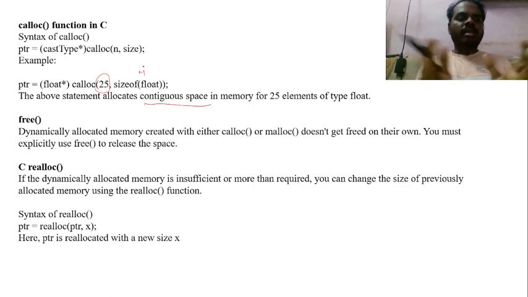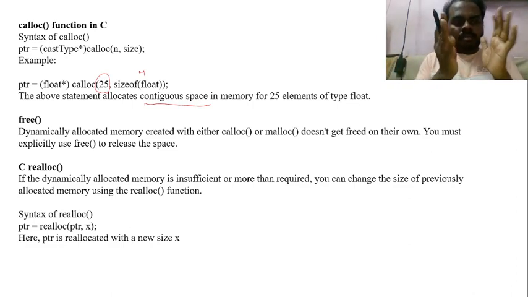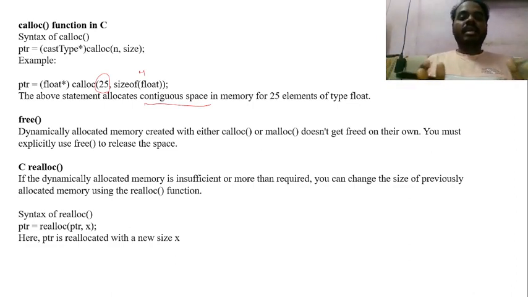So what is the main difference between malloc and calloc? In malloc it will reserve the bulk of memory in a single block of data, whereas in calloc it will allocate a separate space for each and every element. It will allocate 25 elements, each of float type.